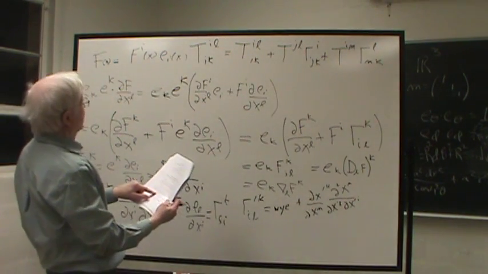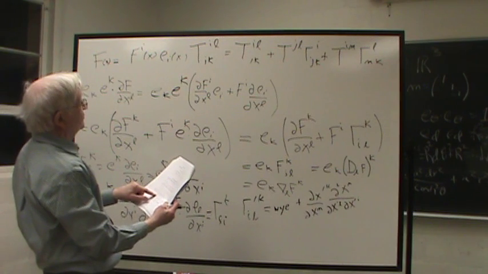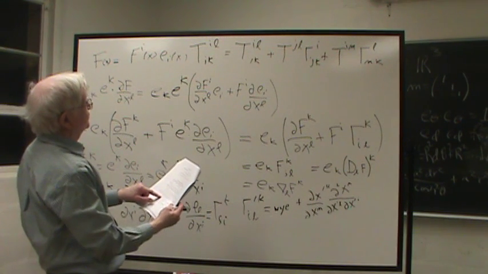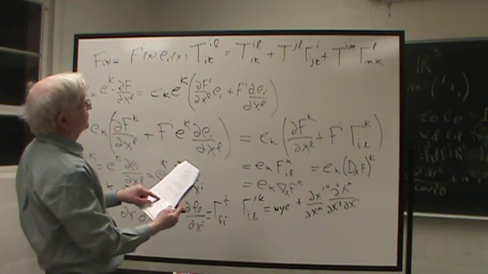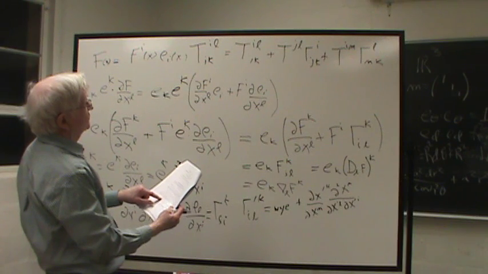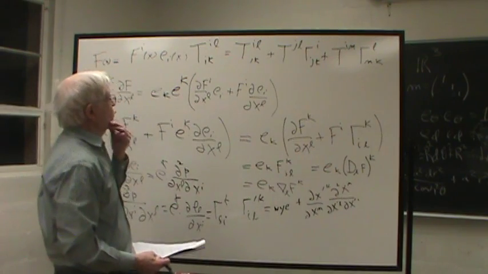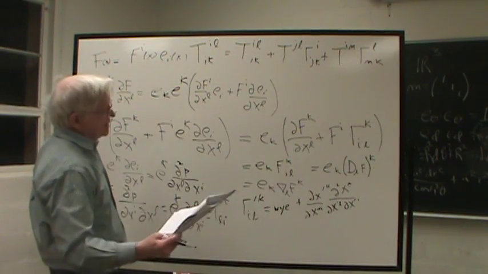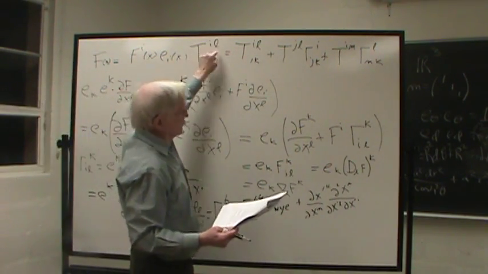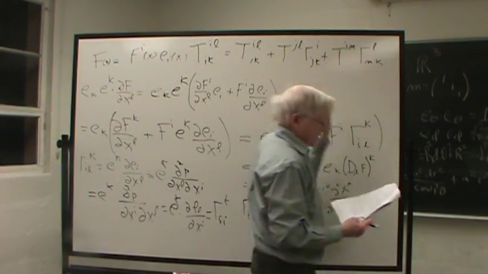Let me make sure I've got that right. Yeah, I think so. Okay, so that's how it works. And if this thing is a covariant tensor, then you get some minus signs.